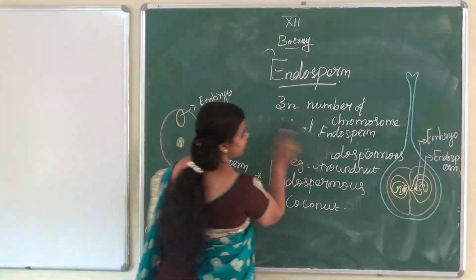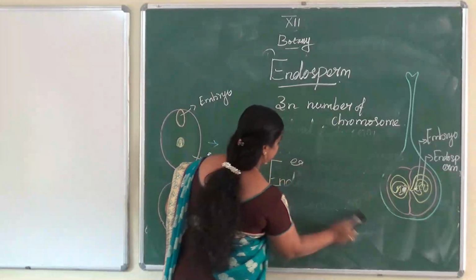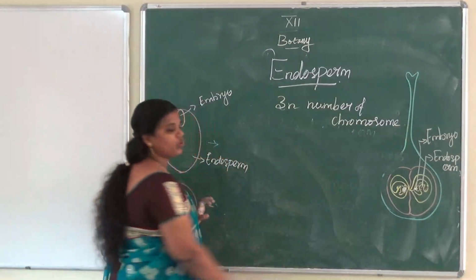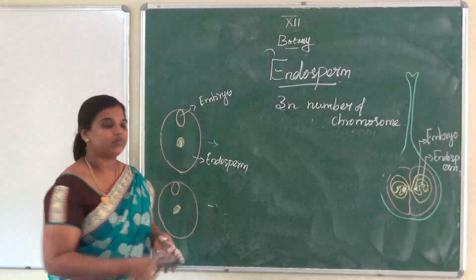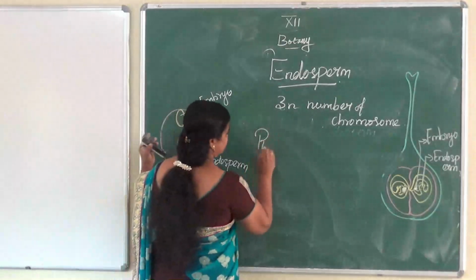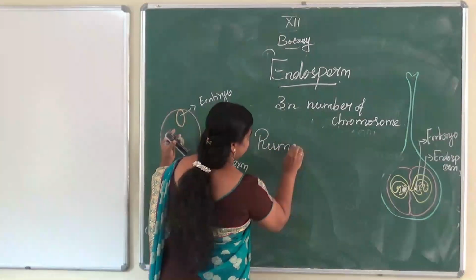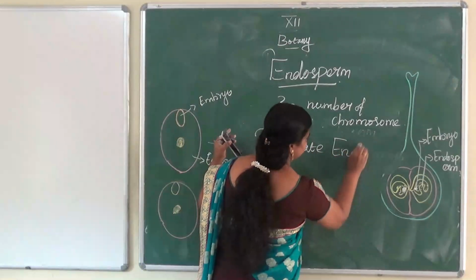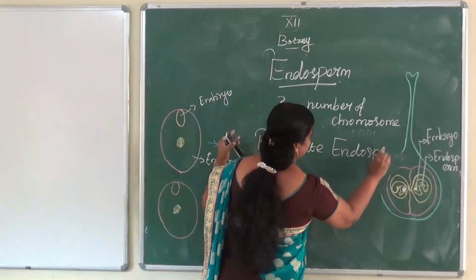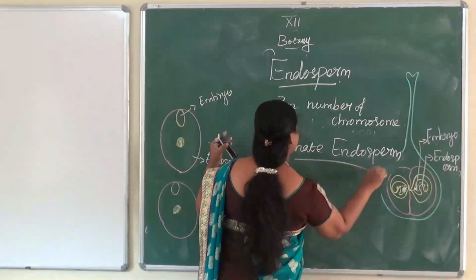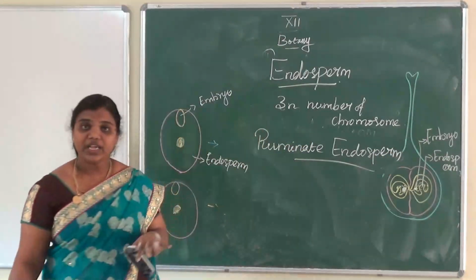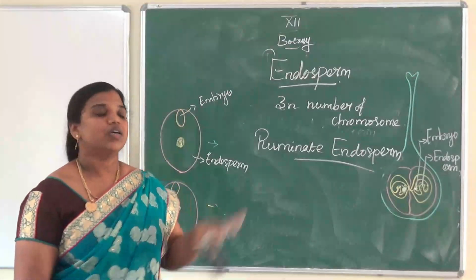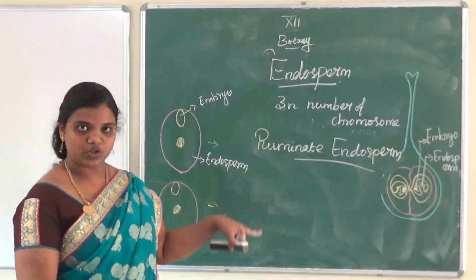Next, in some plants the endosperm has an irregular shape, and that is called ruminate endosperm. Irregular and uneven shape of endosperm is known as ruminated endosperm.